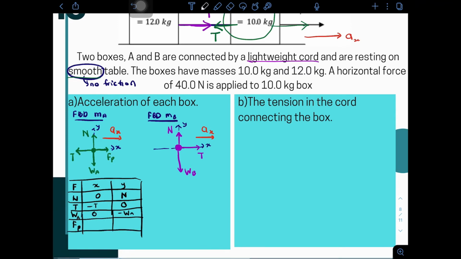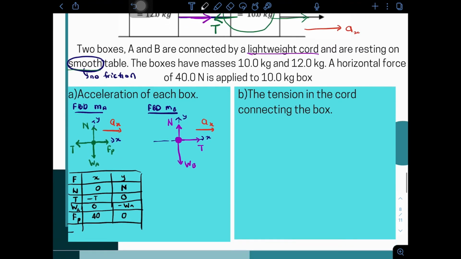FP to the right is 40 Newtons, and 0 on the y-axis. We know the acceleration is on the x component, so total Fx equals max, and this one will be 0. Here is total force. Because we don't know the tension force, we cannot find the acceleration.